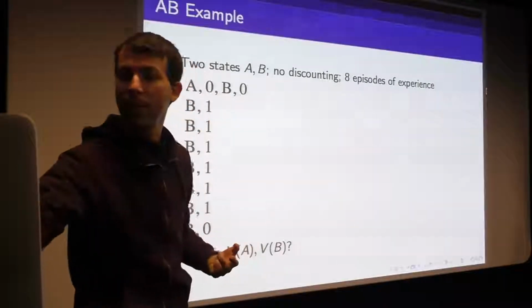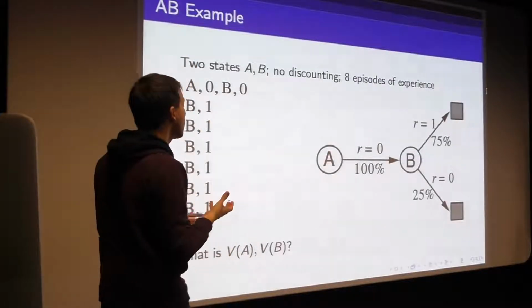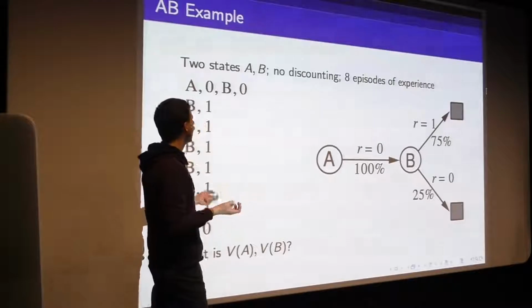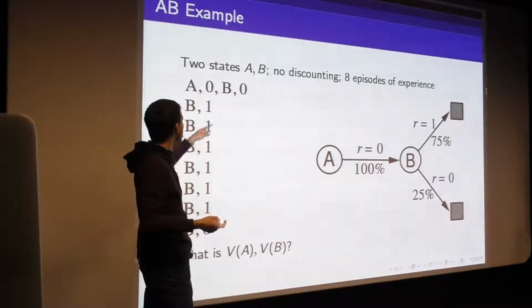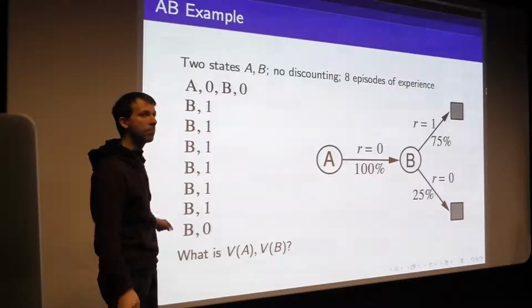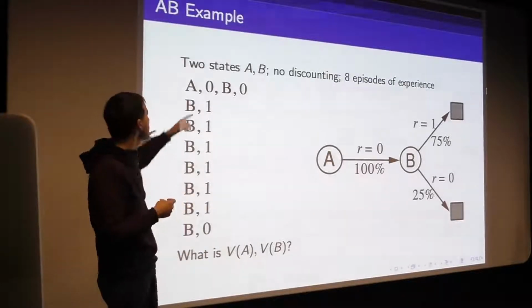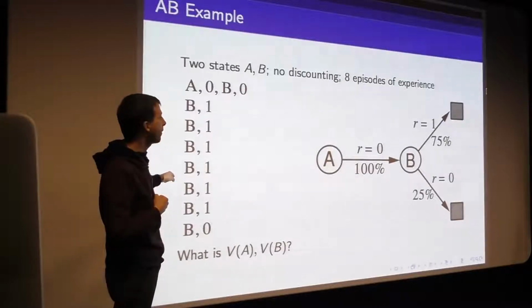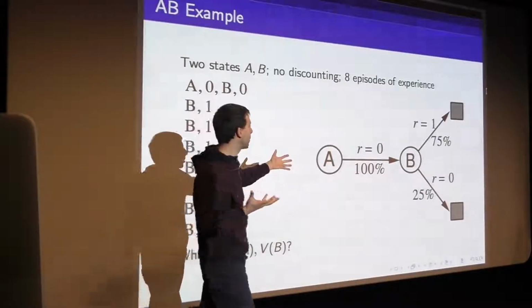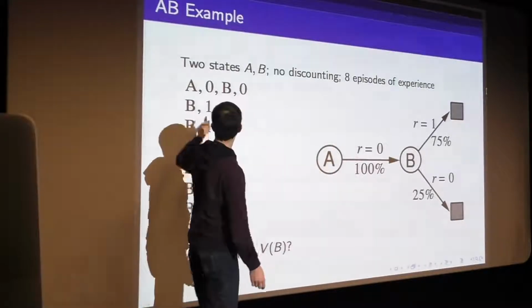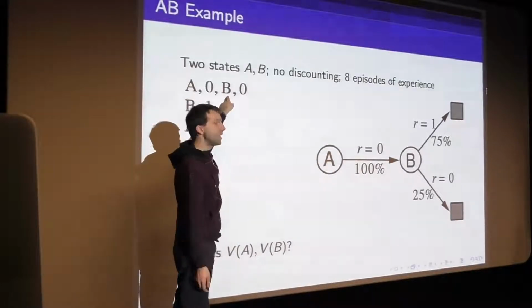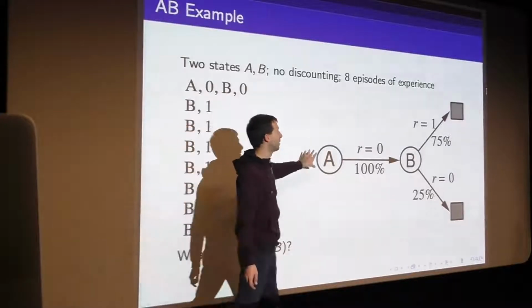What about the TD estimate? Well, implicitly, what this is doing is something like the following: it's building an MDP model. Imagine that you were trying to build an MDP model that models what we've seen so far. If you were to build an MDP to try and explain this data, you would build an MDP model that looks like this, where you start in A, and 100% of the transitions that we've seen where we started in A transition to B, and got 0 reward along the way.